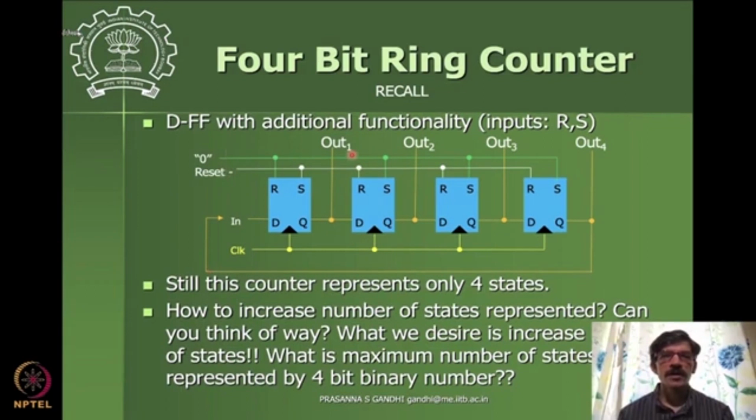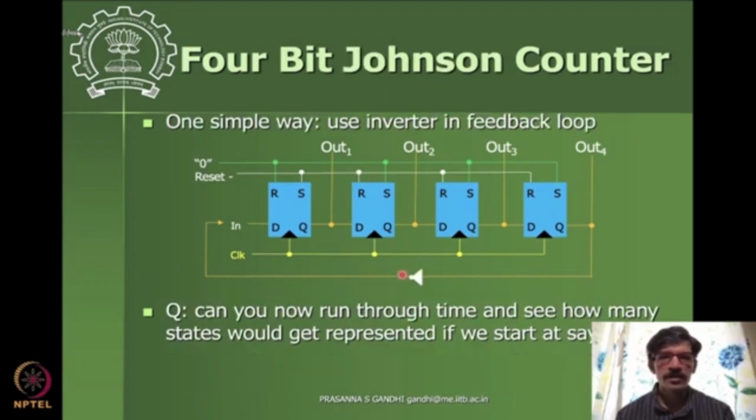These counters are very important in microprocessors and microcontrollers both. There are many variants that are possible. You can look at a variant like this, where you introduce a NOT gate in the feedback to enhance the number of states that are represented.